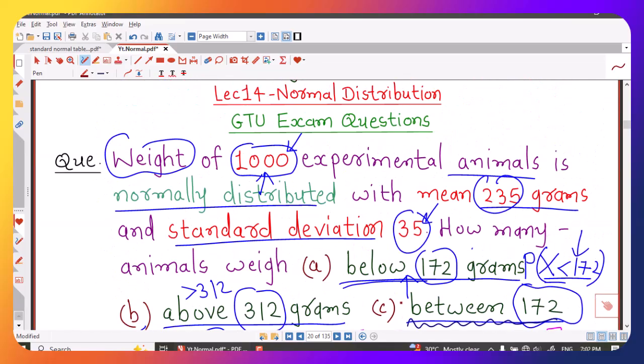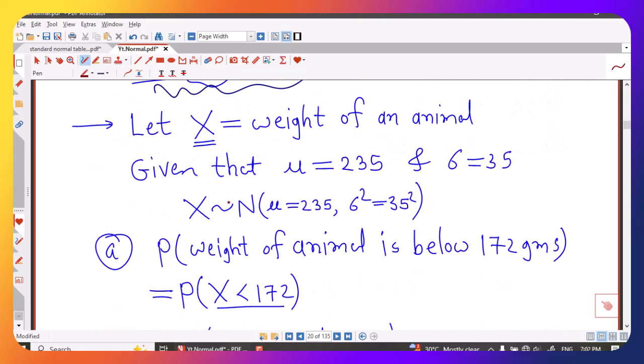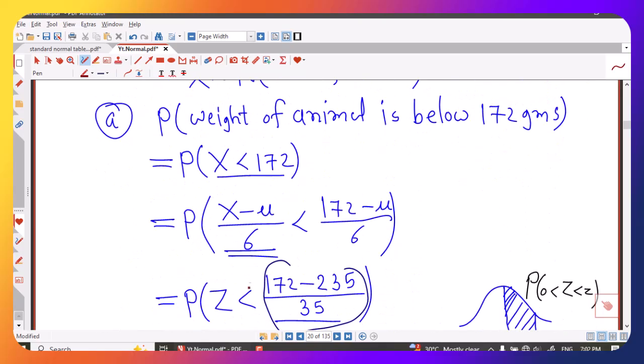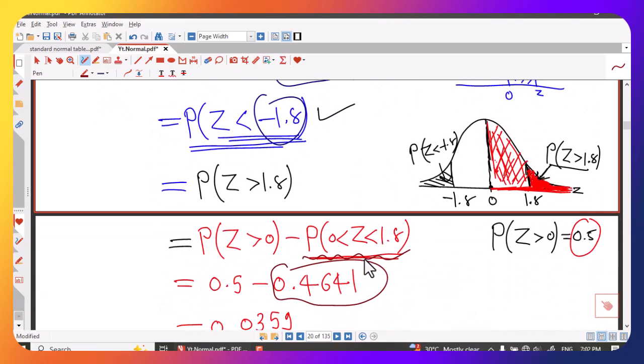This is a very easy problem. It is already specified that you have to use the normal distribution. So all you have to do is find the corresponding standard Z values and use your normal probability table.